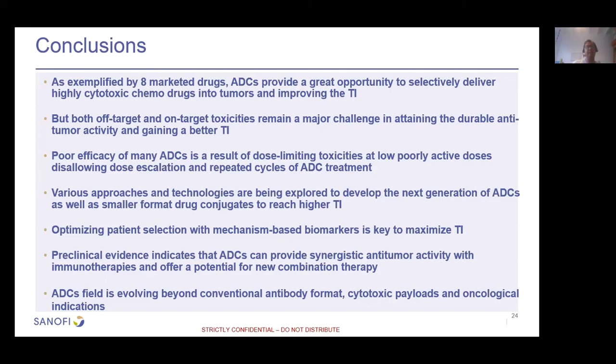And then there is an interesting trend where we see ADCs moving beyond oncology. We see advanced ADCs for infectious disease and in immunoinflammation, also the inflammation area. So I think there is a lot of room for positioning the ADC modality in such fields beyond oncology. I thank you for your attention, and I'm ready for questions if we have time.